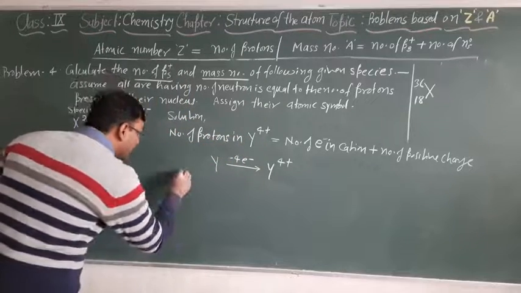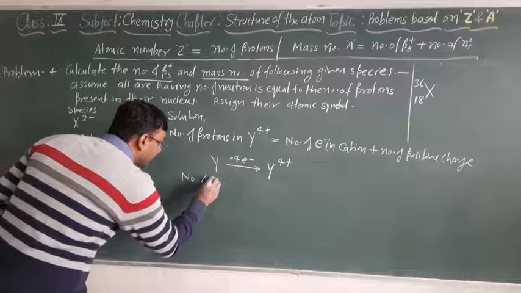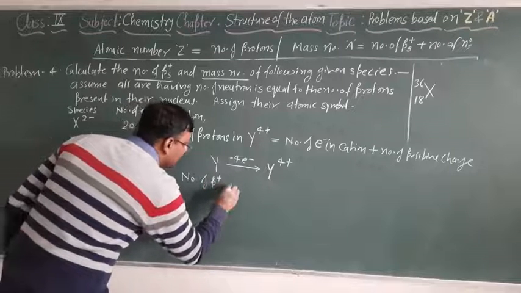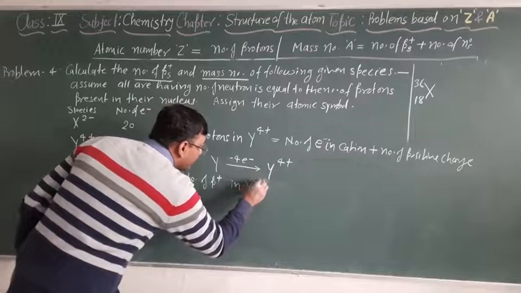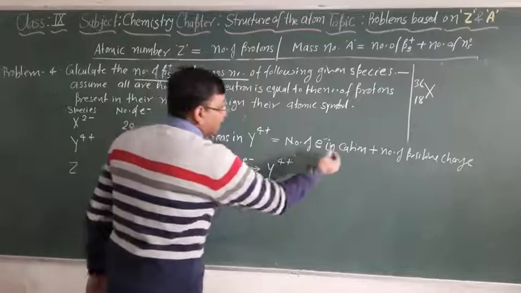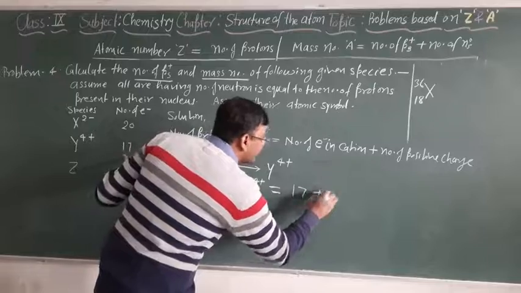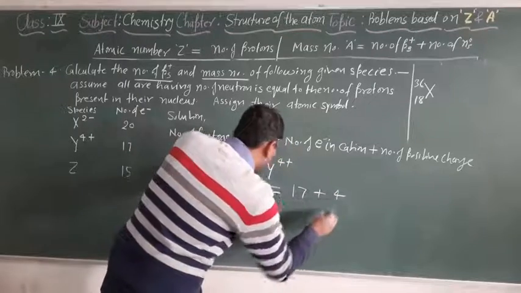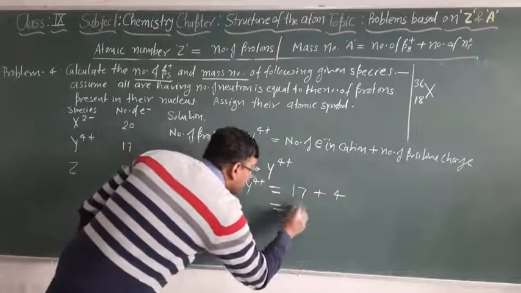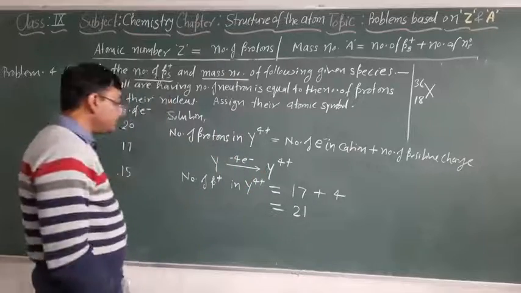So number of protons in Y 4 plus is equal to number of electrons in cation, given 17, plus number of positive charge 4, then we get 21 protons.